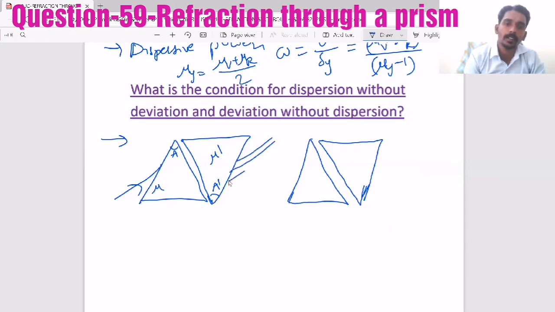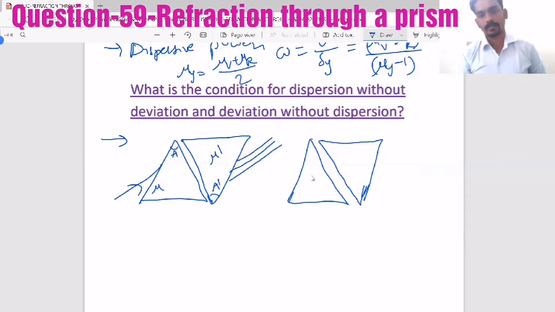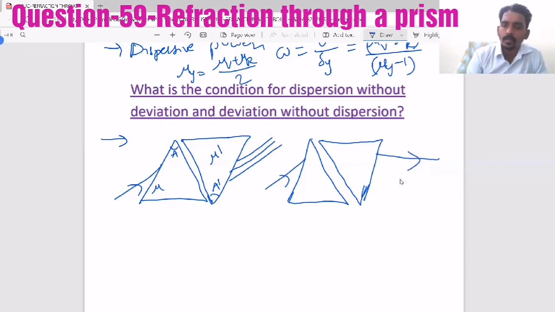So dispersion will be there, but no deviation. The emerging rays are parallel to the incident one. Or sometimes you will get a deviation but no dispersion. Here white light will come out as white light only.